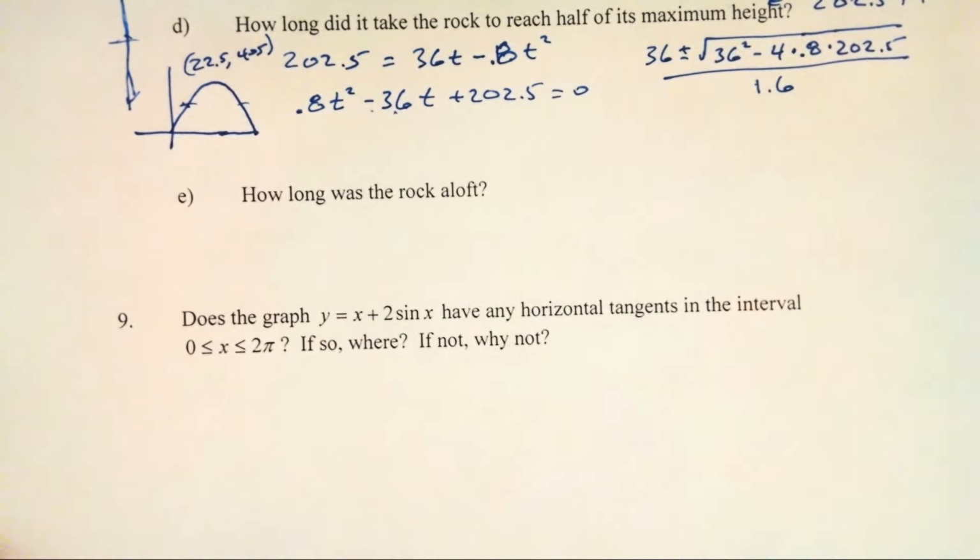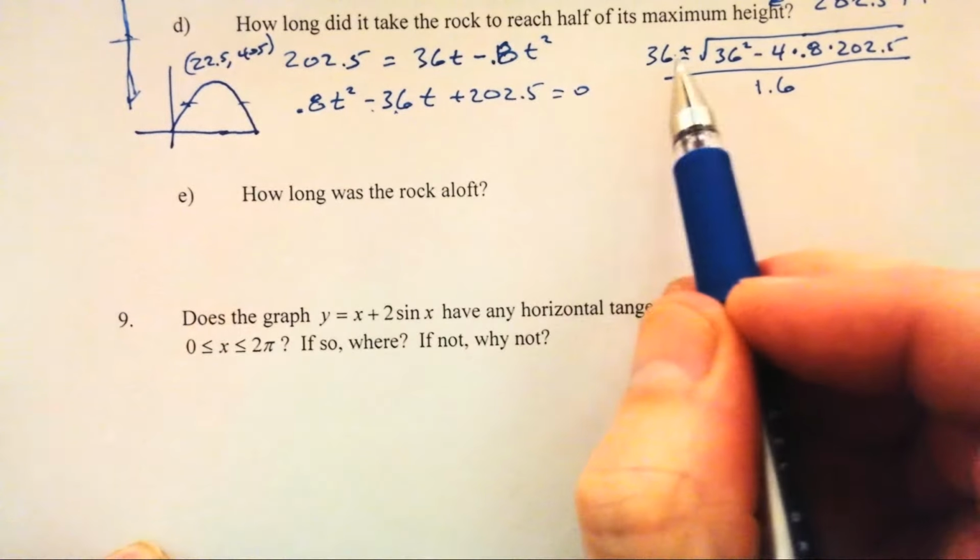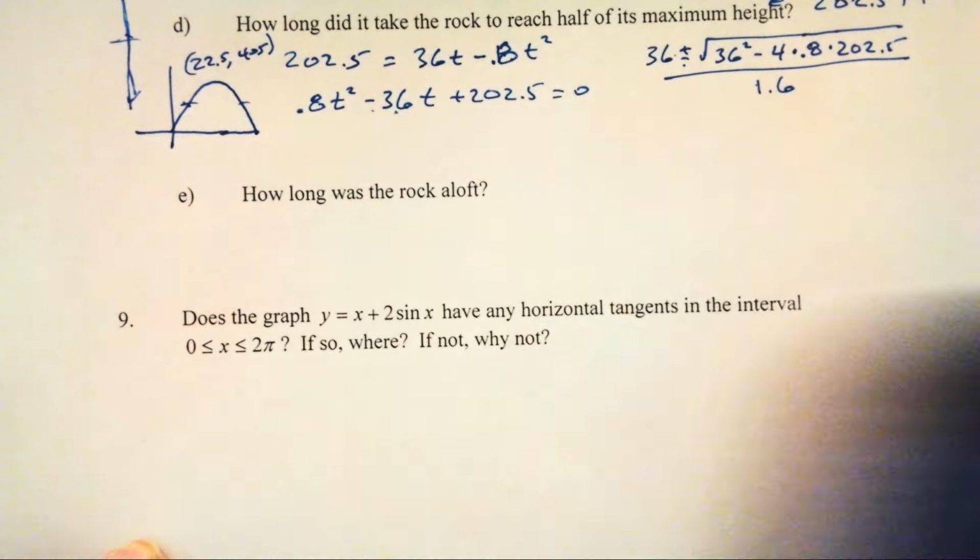1.6. Now the 36 plus would be the point to the right. I'm only going to use the minus version of this.